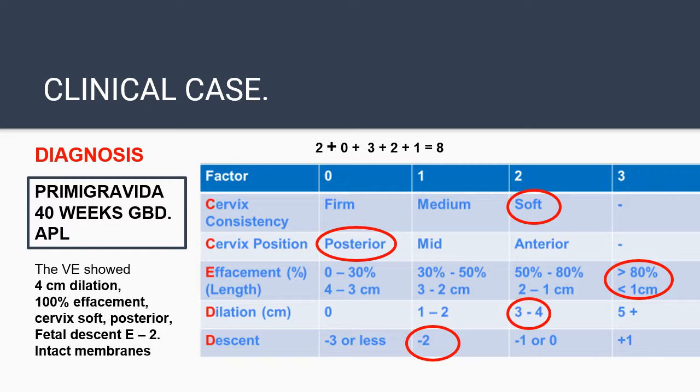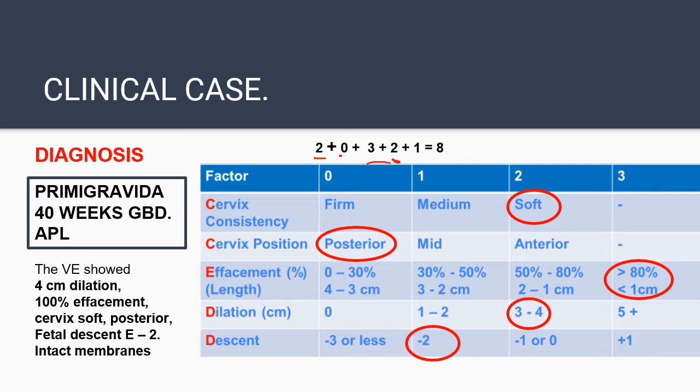In this table, for the category of consistency, we have 2 points. So we put here 2. In cervix position, 0 points, because it's posterior. Effacement, 3 points, because it's 80% effacement, or less than 1 centimeter of length. In the dilation category, we have 2 points, because it's 4 centimeters.